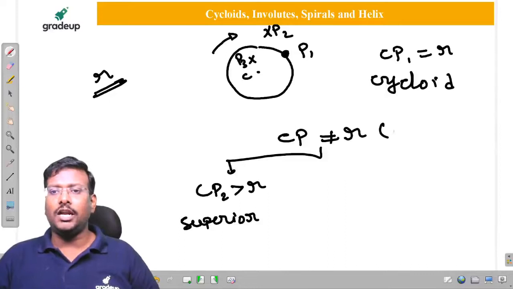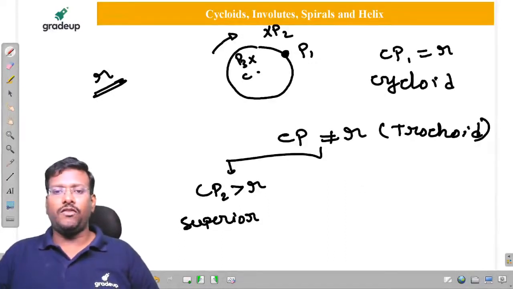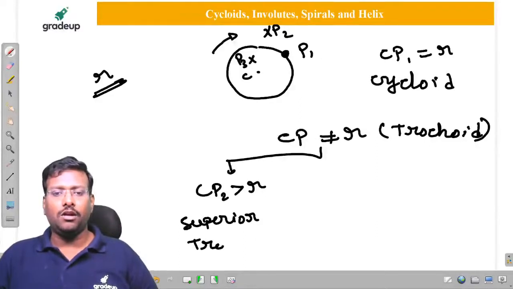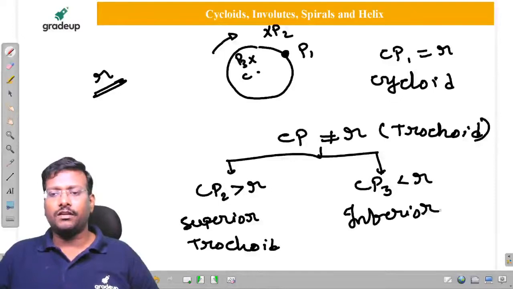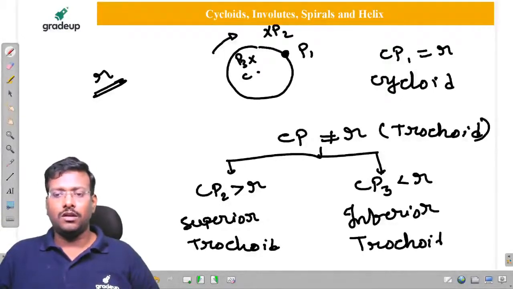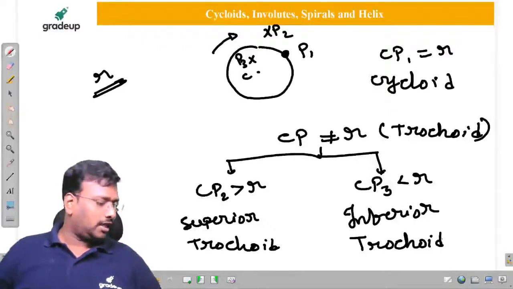Whenever it is not equal to r, it is called a trochoid. Therefore, if it is outside, it is a superior trochoid. If CP is less than small r, this is called an inferior trochoid. Now is it clear?